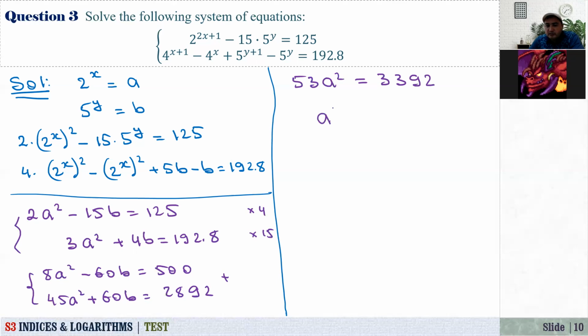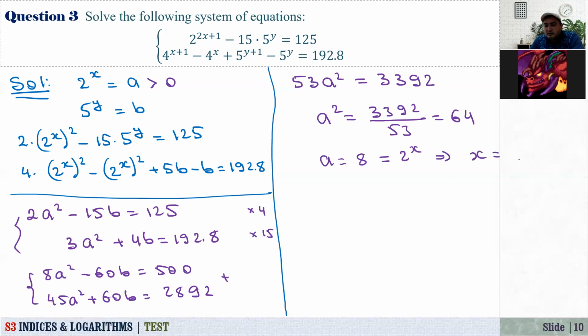So what is a squared then? a squared is equal to 3392 divided by 53, which is equal to, if you divide this, 64. Okay, so we know that a is positive, right? 2 to the power of x is always positive, which means that here we have only one answer. a is equal to 8. What is a? 2 to the power of x.